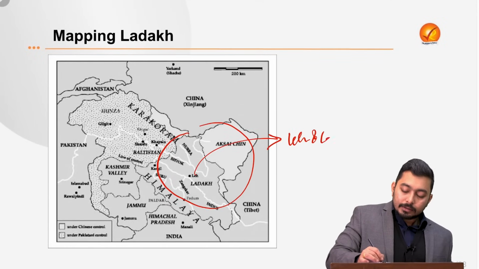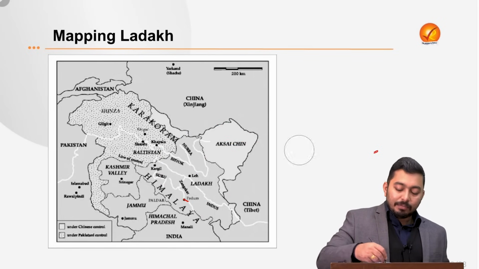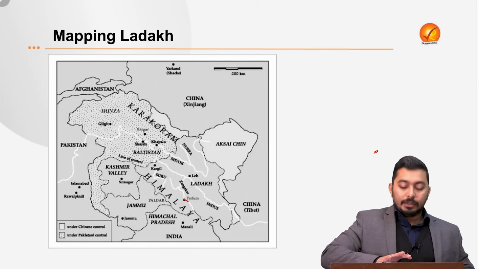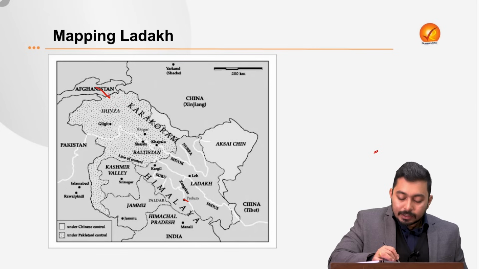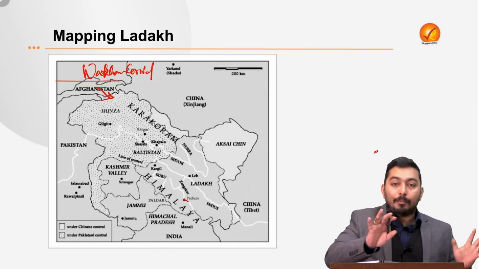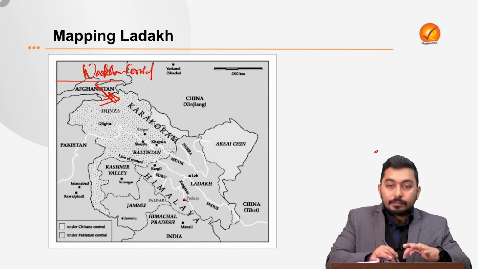Now, one thing you should know is what are the different names that we see in this particular map. So this is called the Wakhan corridor, and through this corridor on the map we are able to touch Afghanistan, right?